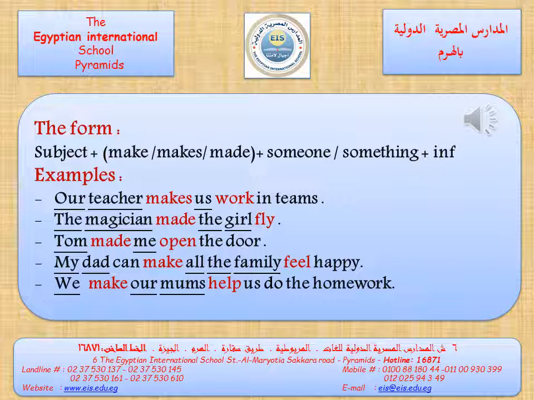The form here is subject plus make or makes if the sentence is present, or made if the action happened in the past, plus someone or something that we can call the object, plus the infinitive verb.